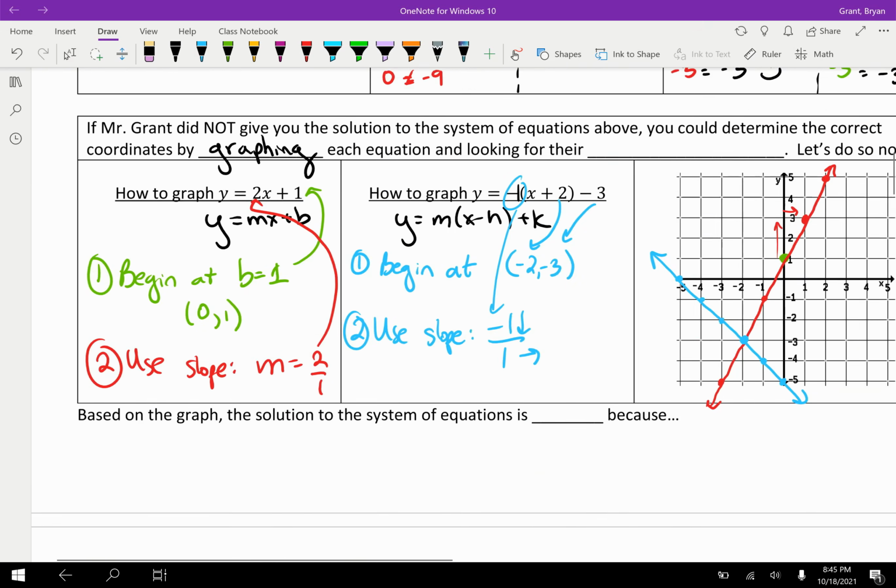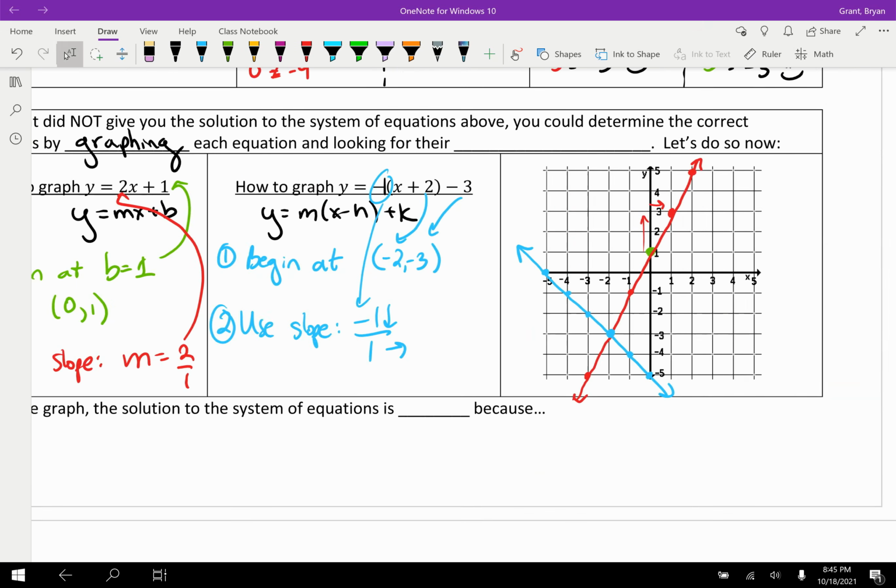Looking at the graphs over here, how would you describe the place that contains the point that is on both of those lines? Hopefully you would say, oh, we are looking for where those lines intersect, or for their intersection. The intersection is this spot right here.